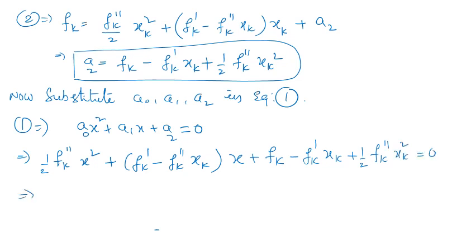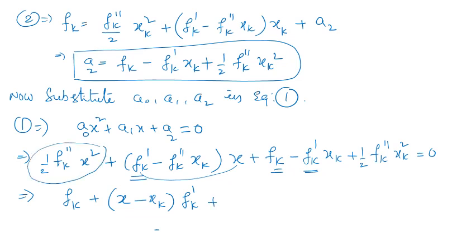Now write fk first. Next, take the first derivative term common: x minus xk multiplied by fk dash. Next are the double dash terms.